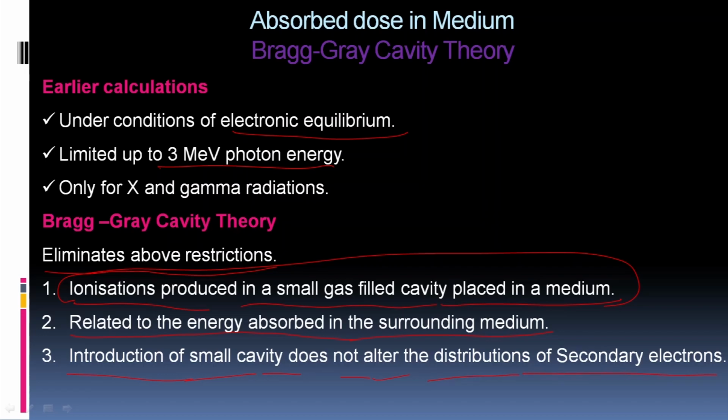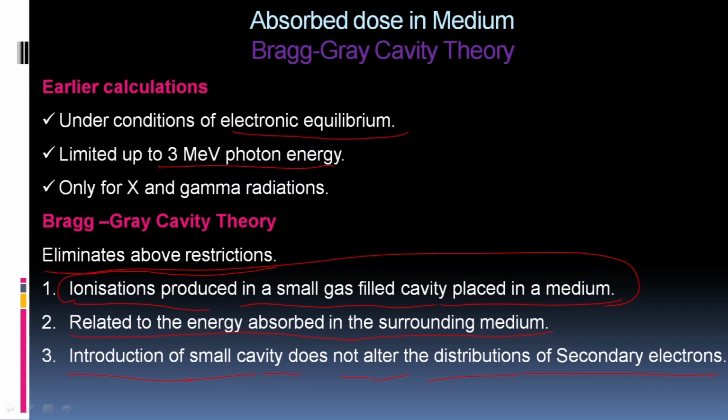As this gas-filled cavity is very small, we can eliminate any contribution from a change in the distribution of secondary electrons. So we can just assume that the introduction of a small cavity does not alter the distribution of secondary charged electrons.